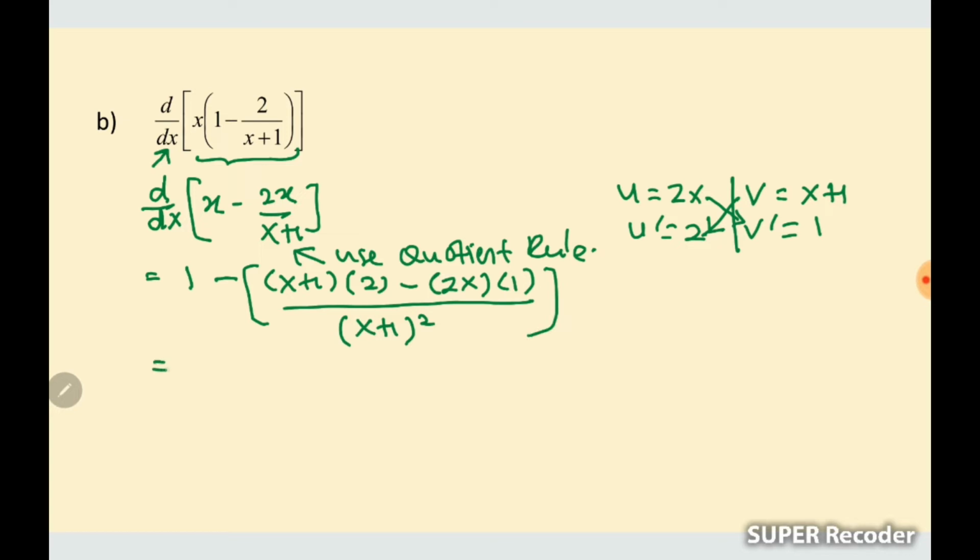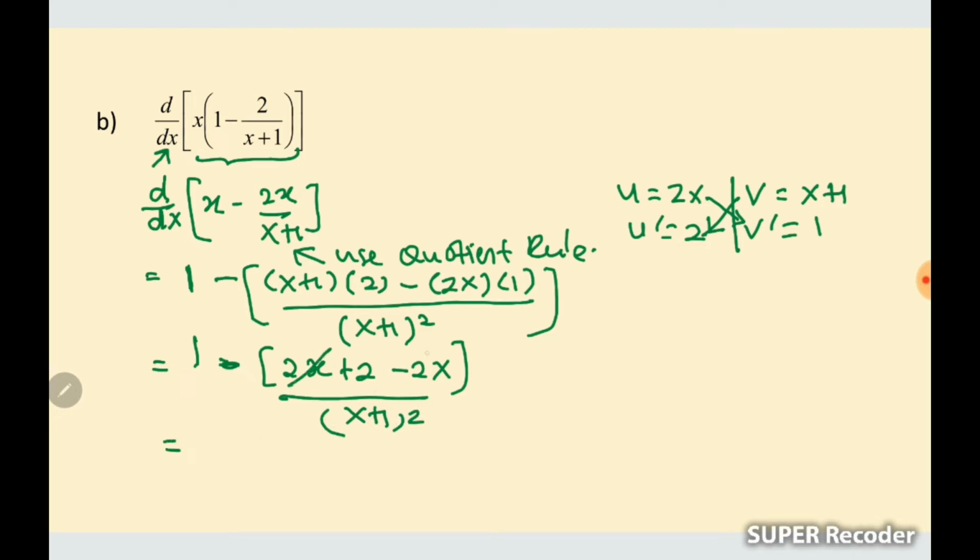So we have already differentiated x. The answer is 1. So 1 minus this one, which I already differentiated, and the answer is minus (2x plus 2 minus 2x) over (x plus 1) squared.